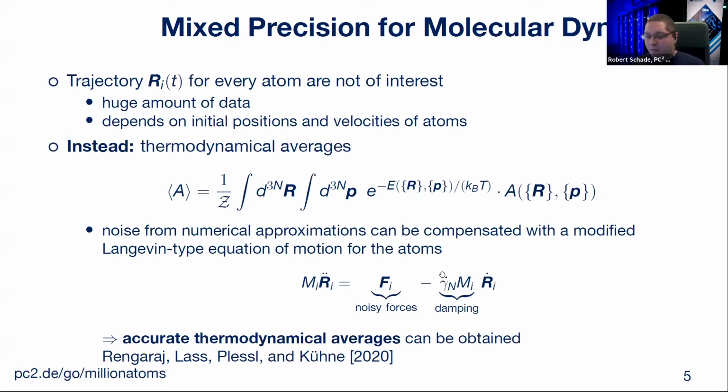We also have a dampening term that's velocity dependent and has a dampening parameter gamma. With this dampening parameter, it can be shown with the fluctuation dissipation theorem that you can use it to configure temperature. And if you then do a molecular dynamics calculation with that, you automatically sample the thermodynamical averages. It can also be shown that doing it this way, you can actually compensate for the numerical noise, and you can achieve accurate thermodynamical averages from lower precision arithmetic operations.